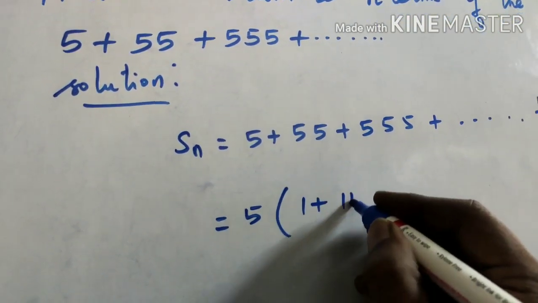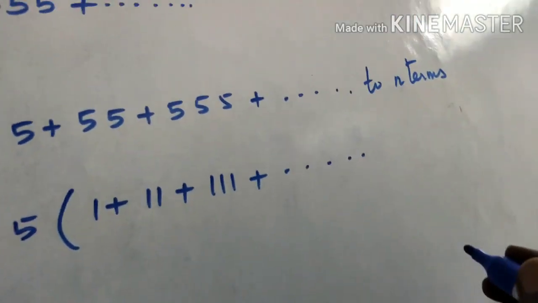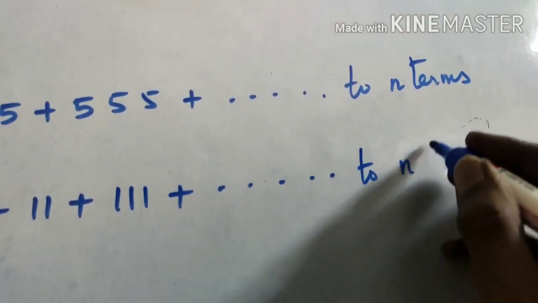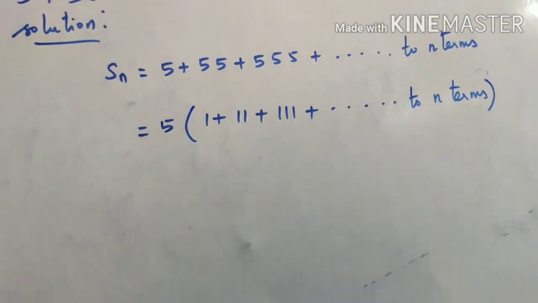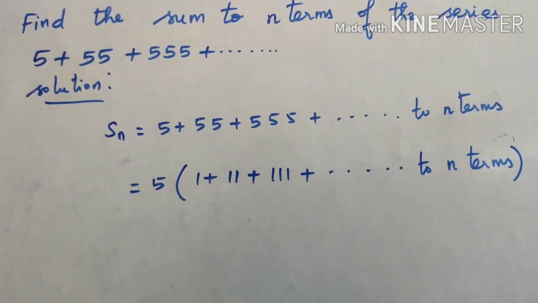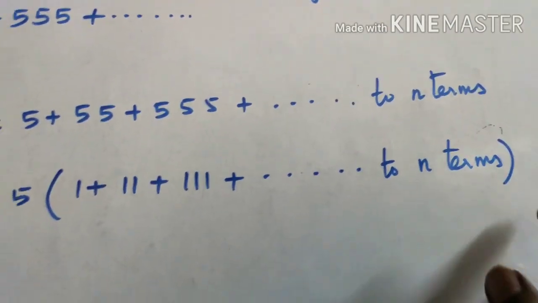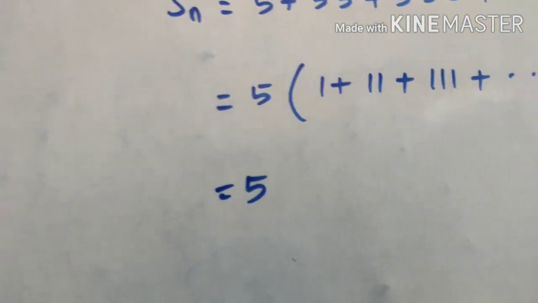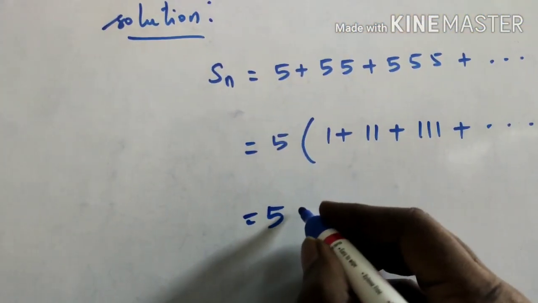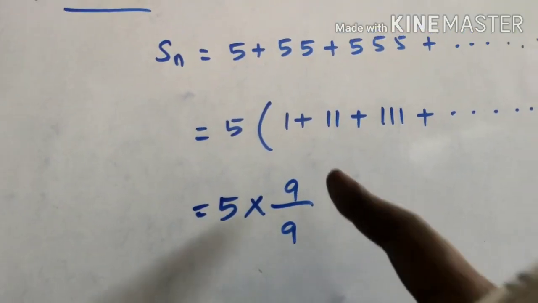5 times 1 plus 11 plus 111 plus dot dot to n terms. Okay, so now what I am going to do is I am going to multiply 5 into and divide by 9.